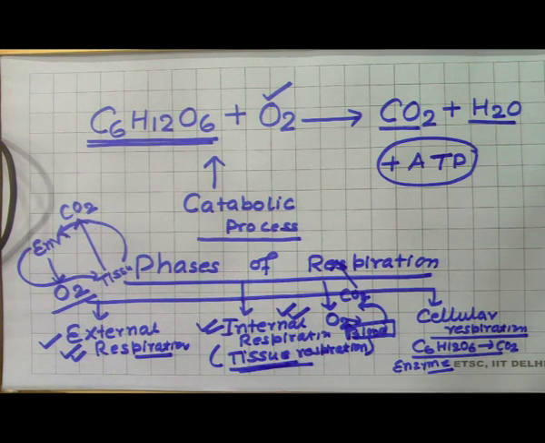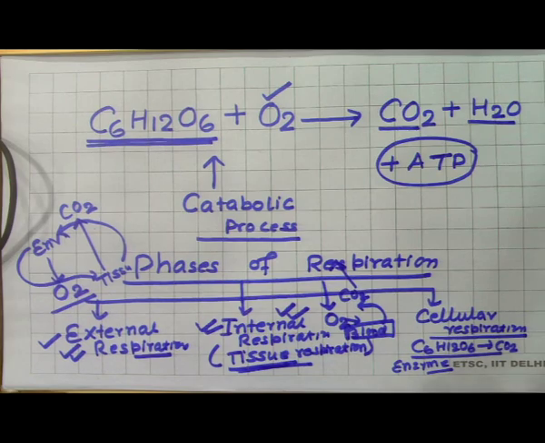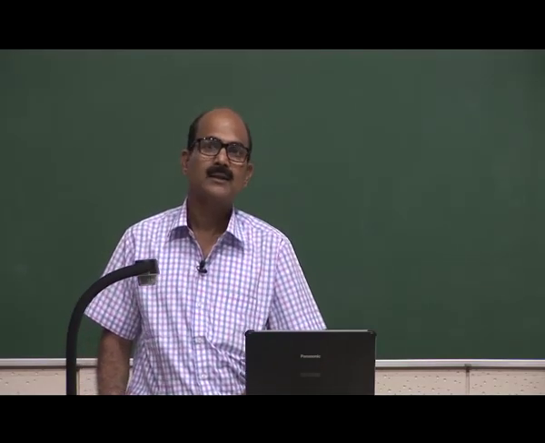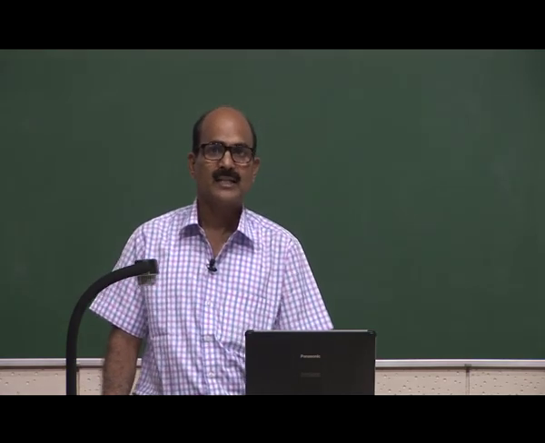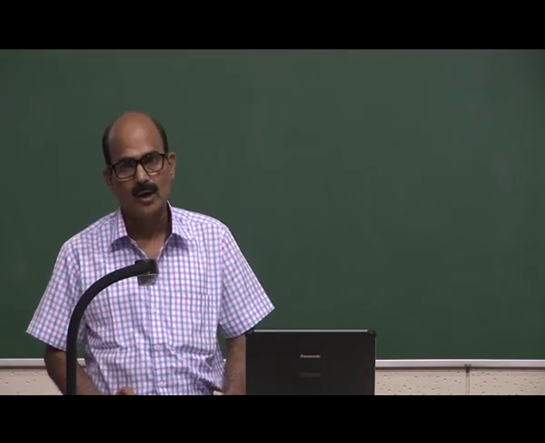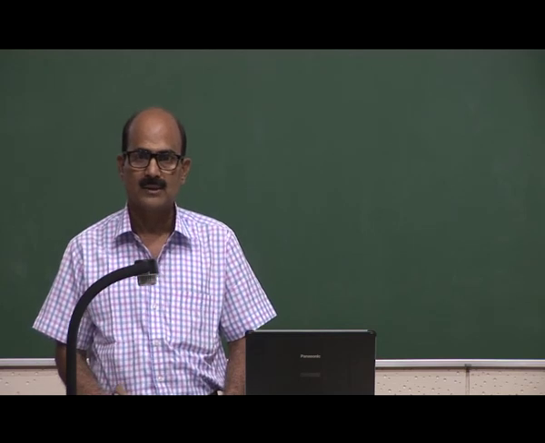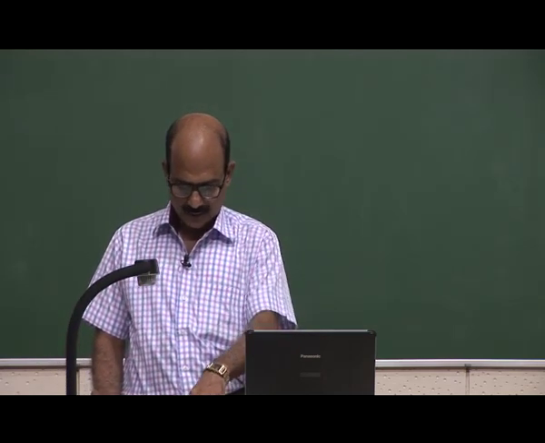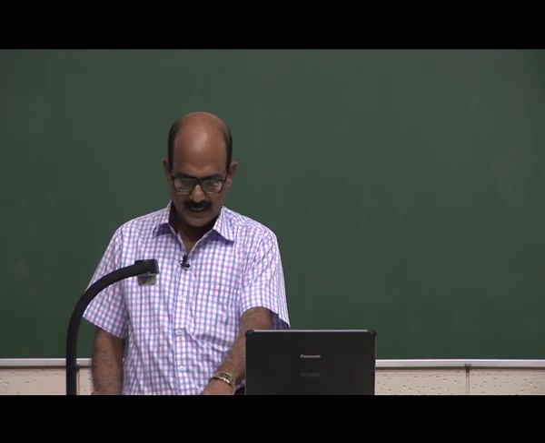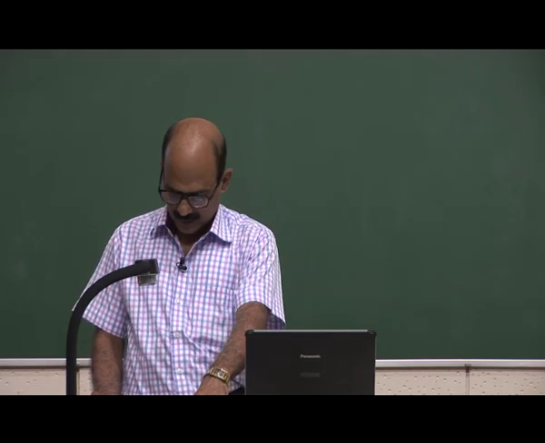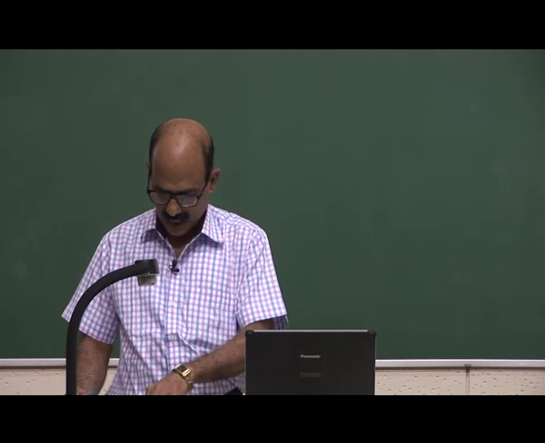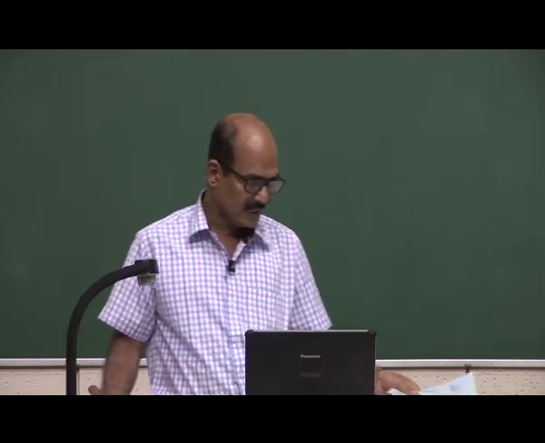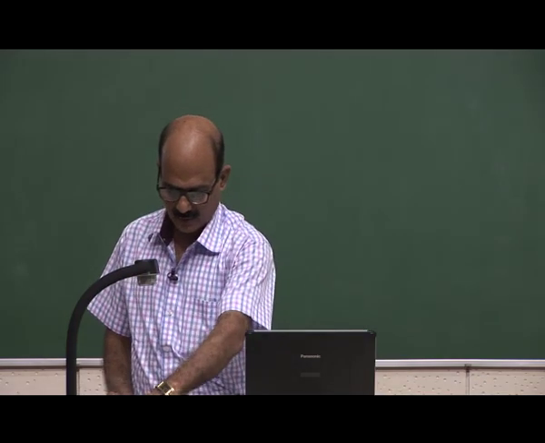So, there are the 3 phases of respiration: external respiration, internal respiration as well as cellular respiration. All 3 respirations take place in our body and in all living organisms including plants, but mainly in this chapter we have discussed cellular respiration, the breakdown of glucose into carbon dioxide and the release of energy.